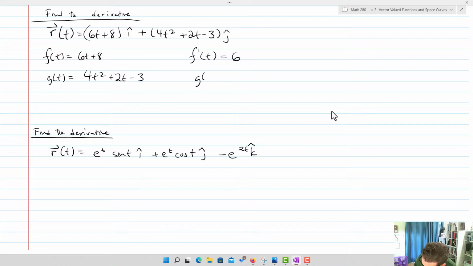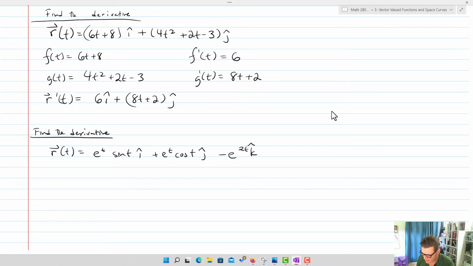And g prime of t is equal to 8t plus 2. So consequently, r prime of t, my vector valued function derivative, is going to equal 6i plus (8t plus 2)j. And there's the derivative. That's it.